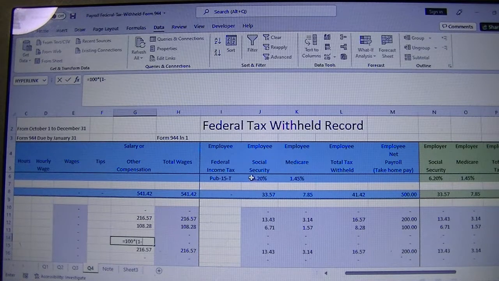So I put 0.6. It was like dividing it by 10. So divided by 100, it will be 0.062, I believe, minus 0.0145.